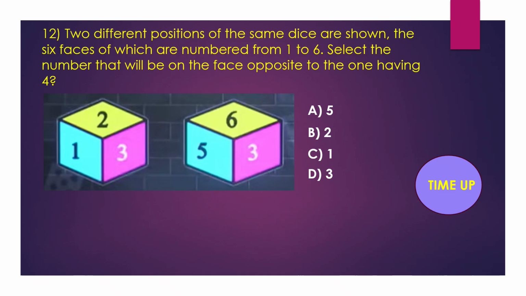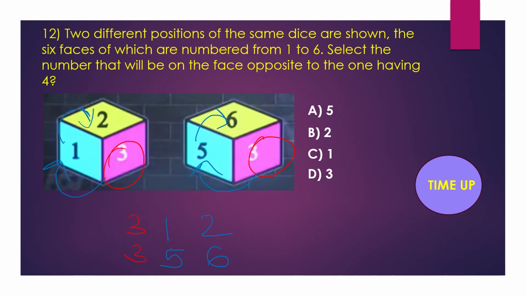So common faces in both the dices are what? 3, correct? 3 is common. So write down here. Then go in the clockwise direction. 3 to 1 you will go. Then from 1 to 2 you will go. Next similarly here 3 to 5 you will go. Then from 5 to 6 you will go.